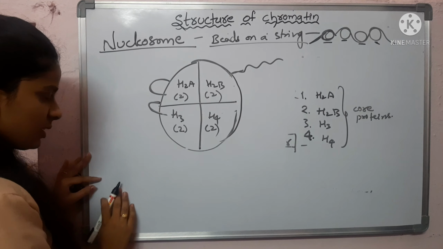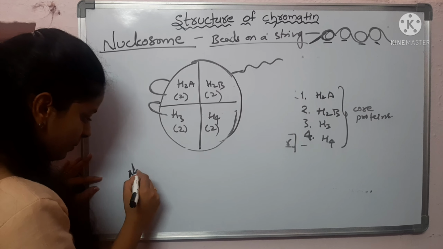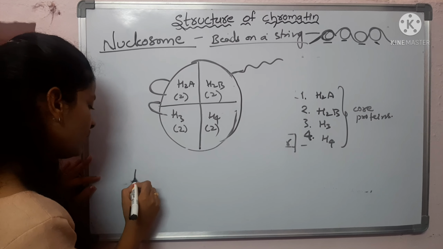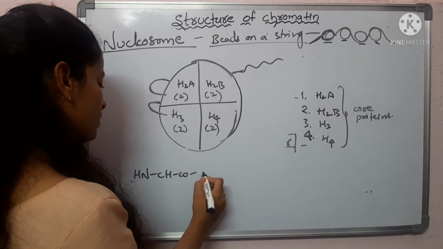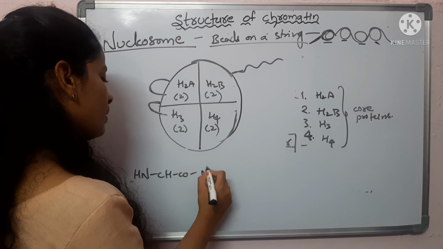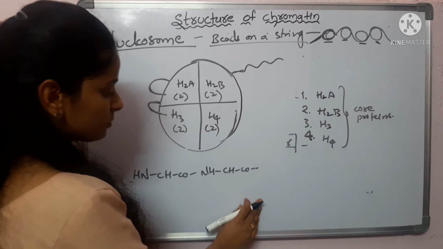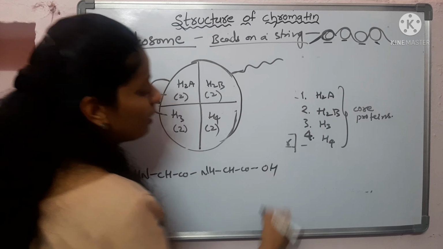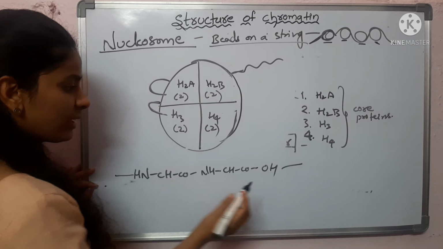For example, I am just drawing an amino acid here. Amino acids have a C terminal and an N terminal.